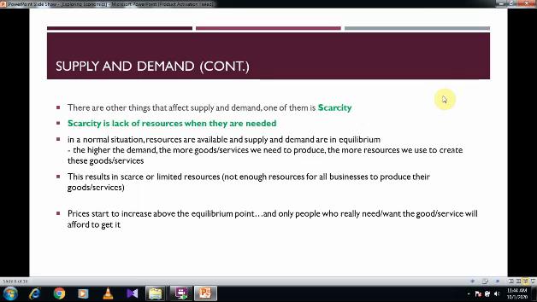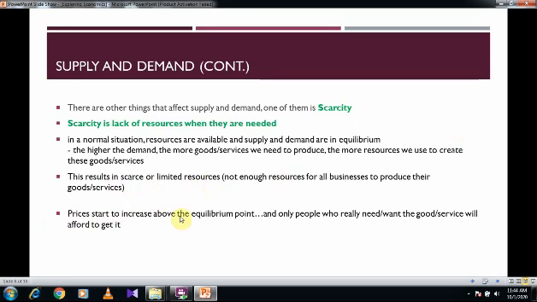The suppliers are going to compete over who is going to get the resources first. When they get these resources, they know that the products are not enough in the market. So they will sell them at a very high price. This results in scarce or limited resources.